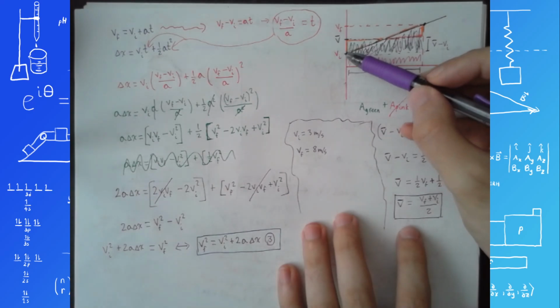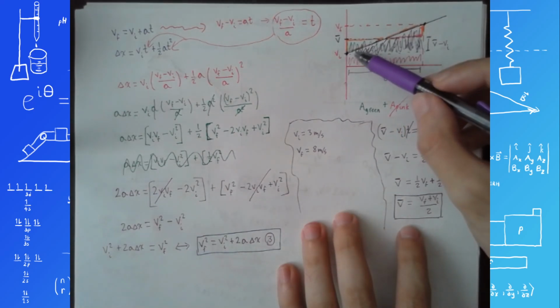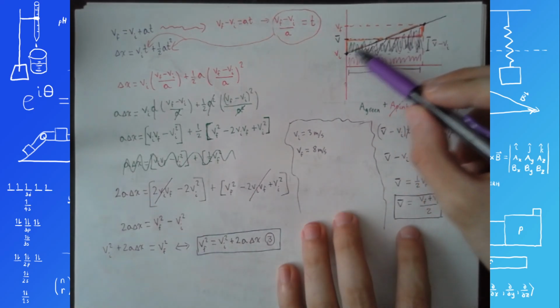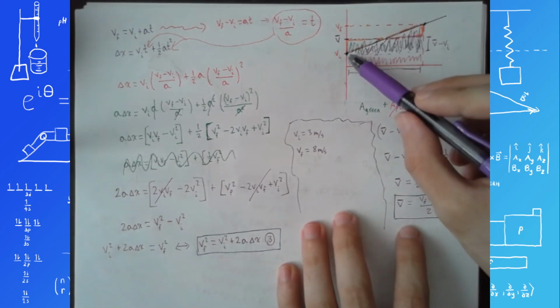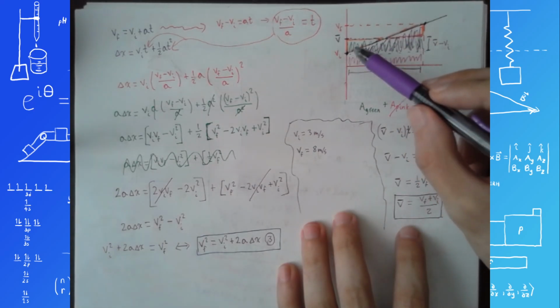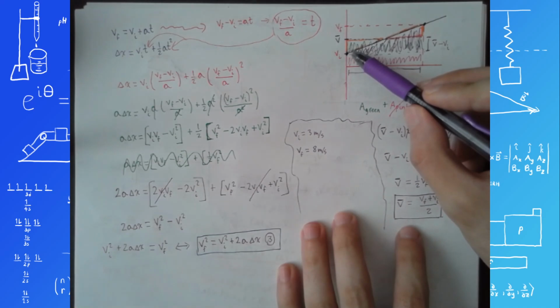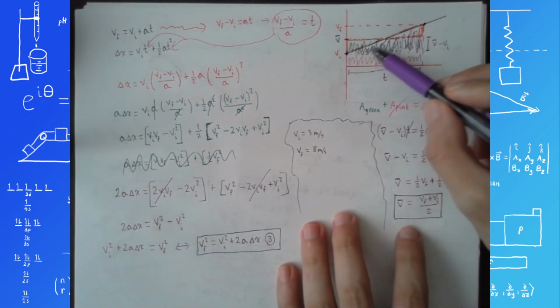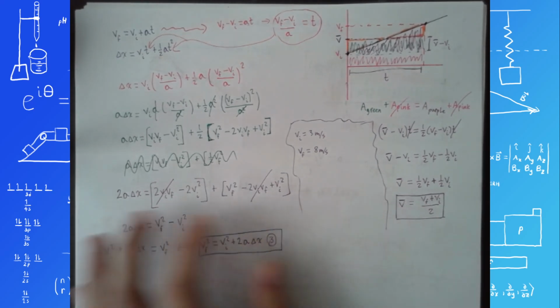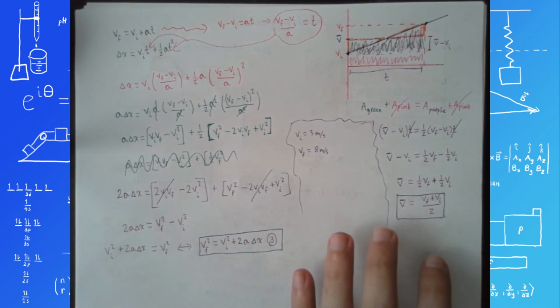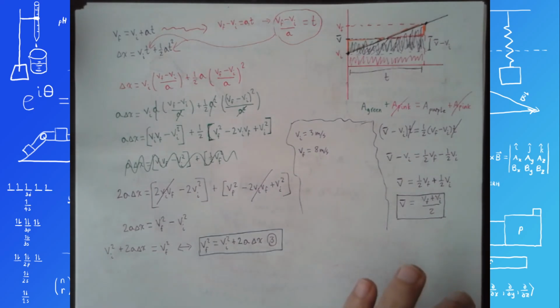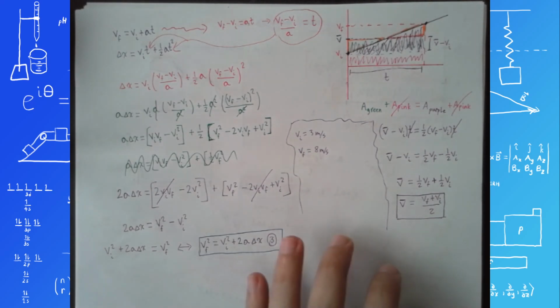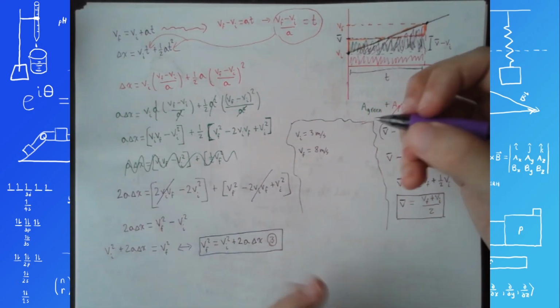Well, to some of you it might be really obvious just from the shape of the graph that, yeah, if it's going in a straight line, then each value on the way from v initial to v final is visited for the exact same amount of time, a very, very microscopic amount of time, because the velocity is always changing.